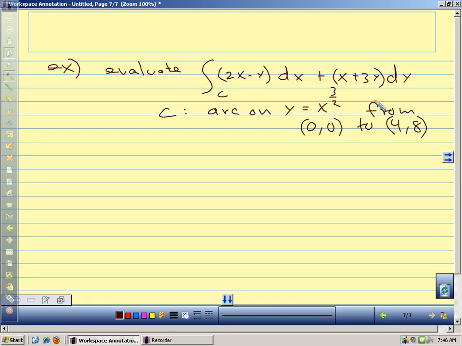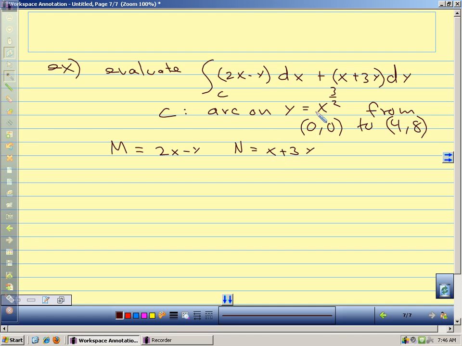So we already have our line integral expressed in differential form. We could rewrite this as a vector and evaluate our line integral using our procedure for line integrals of vector fields. But since it's already in differential form, we're going to use that. So in this case, our M is 2x minus y, and our N is x plus 3y.